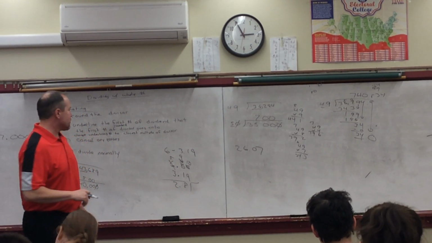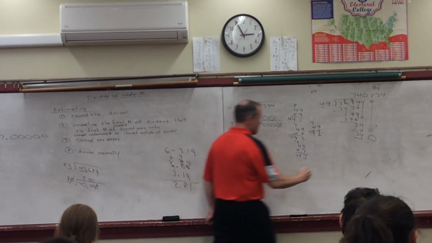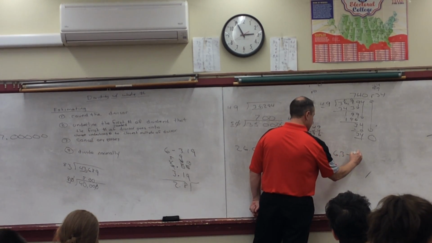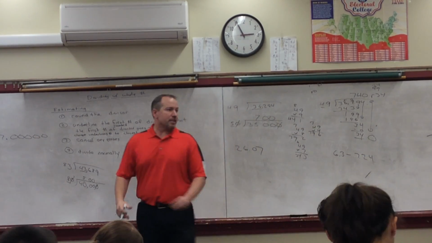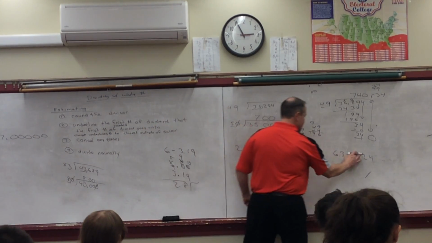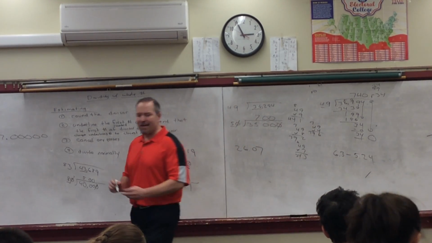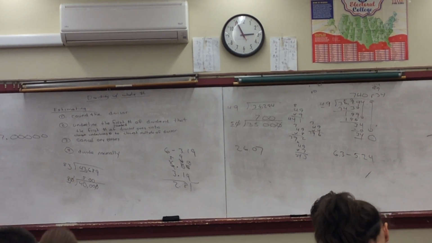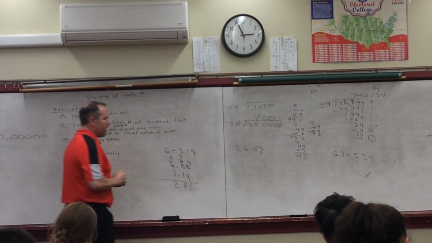Okay? On your board, let's do this one real quick. 6 and 3/10 minus 5 and 2400. Go ahead and do that real quick.